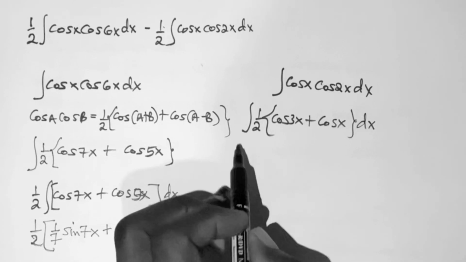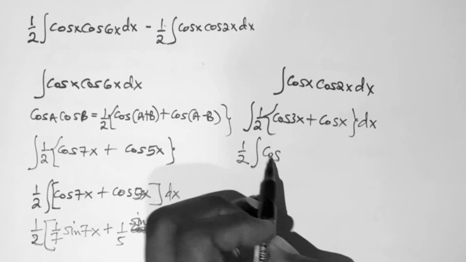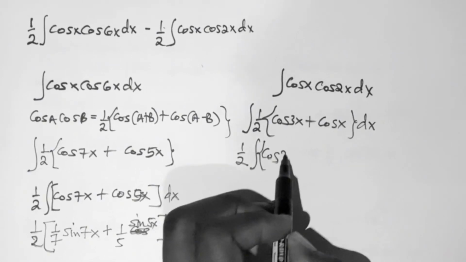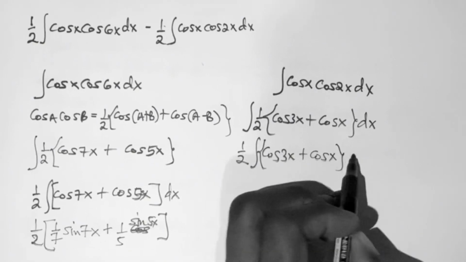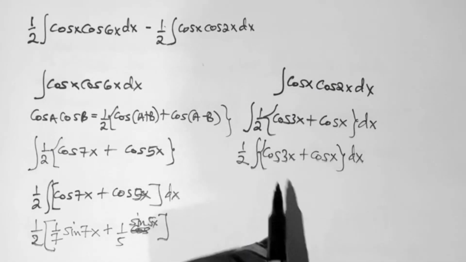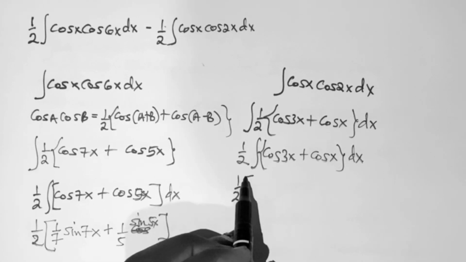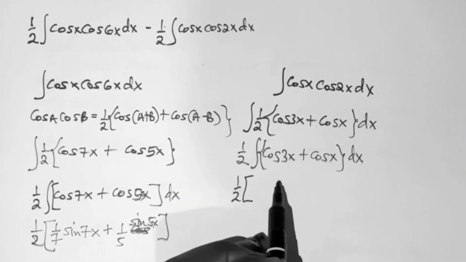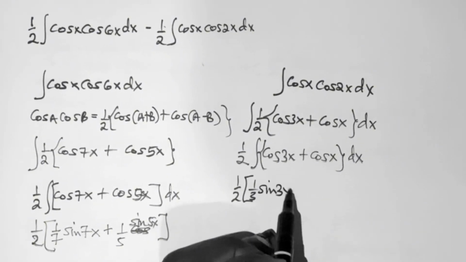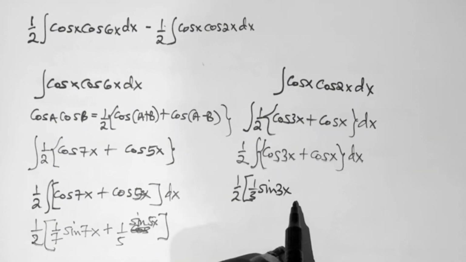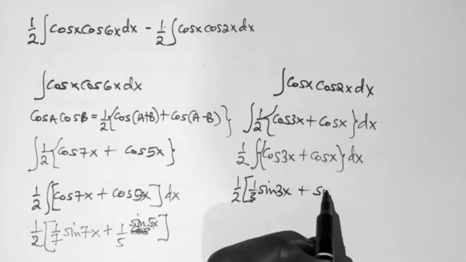Pulling the half out, it becomes half of the integral of cos 3x plus cos x, dx. When you integrate cos 3x, it's 1 over 3 sine 3x, and if you integrate cos x, you get sine x.